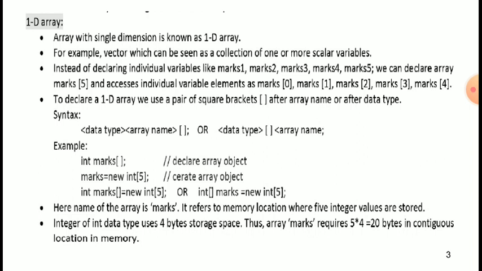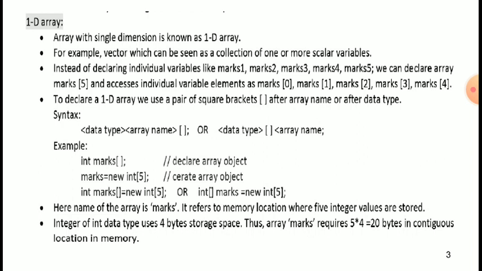Next, int marks[] = new int[5], or int[] marks = new int[5]. So that is the declaration of an array.